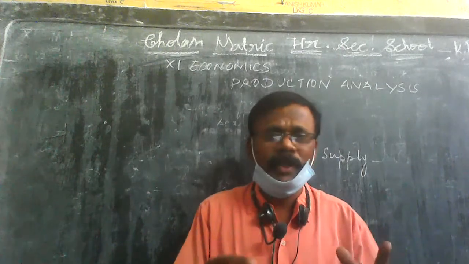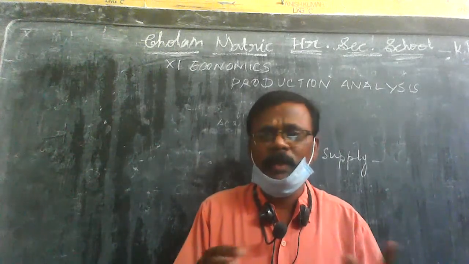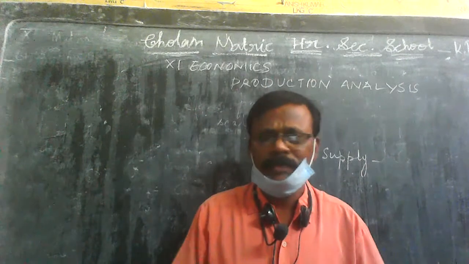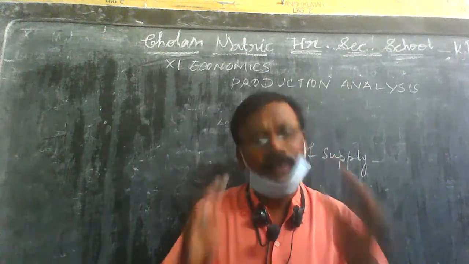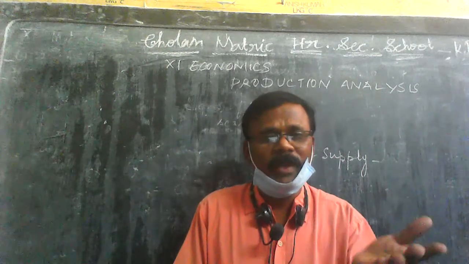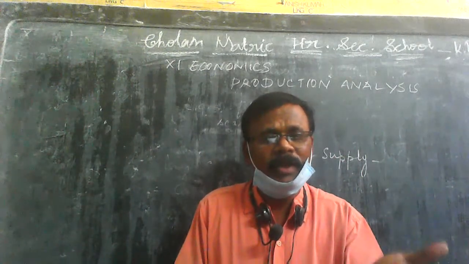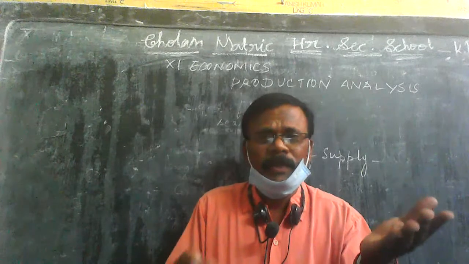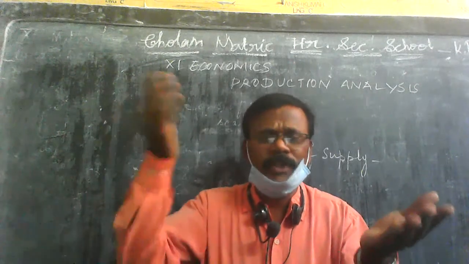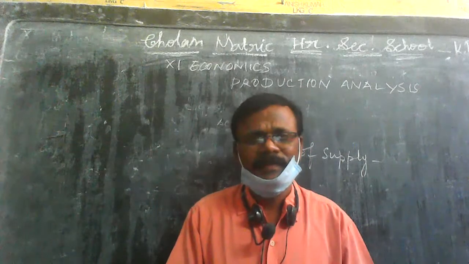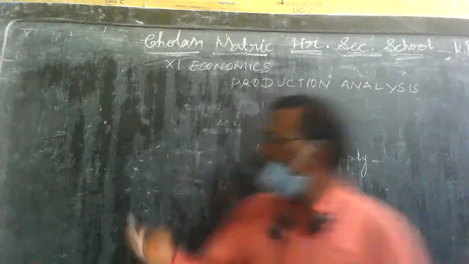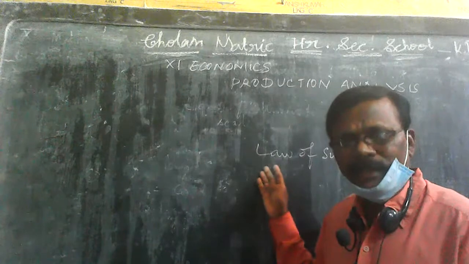No producer will be producing commodities for loss, only for benefit, only for profit. That is why when the price of a commodity increases, the producer wants to increase his production. So supply is increased. This is what the law of supply says.